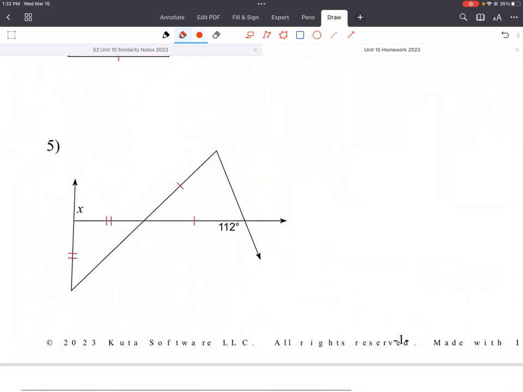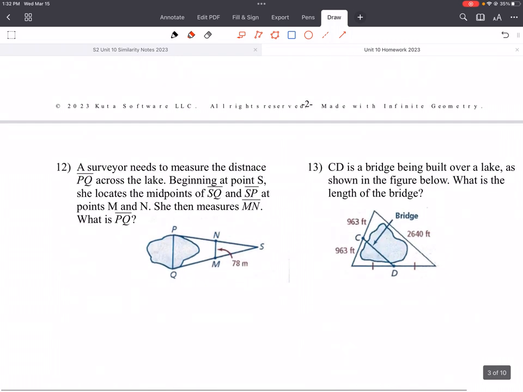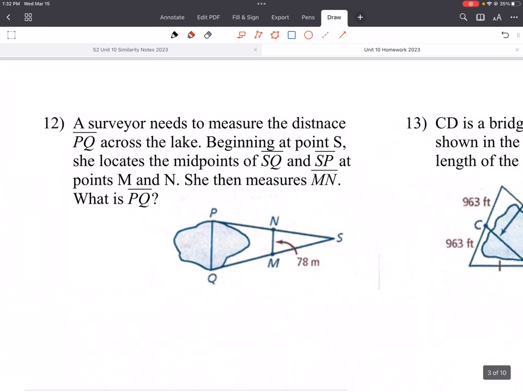For 5, we did this example together in class. I'd like to see if you can do it on your own, but if you have issues, I'll go back to that at the very end. Okay. There weren't any issues with these ones. There was a mistake with 12, so I fixed it here if you want to fix it there. But basically, what they want to know is what is the length PQ. So that's this. Okay.